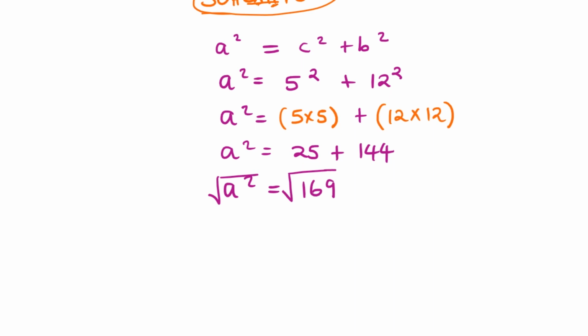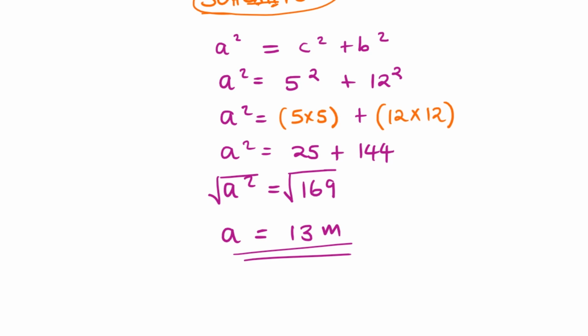Okay, now someone would ask to say, why is it that here we are not having positive or negative? It's because we are dealing with the length, so the length should not have a negative. The distance is not negative, the distance is always positive, so a is equal to the square root of 169 is just 13, so we are saying the hypotenuse therefore is 13 meters.